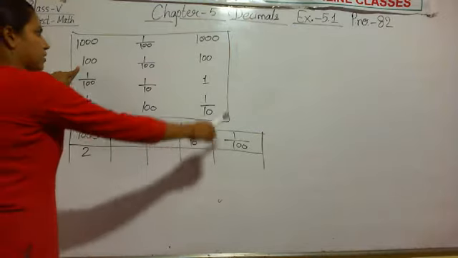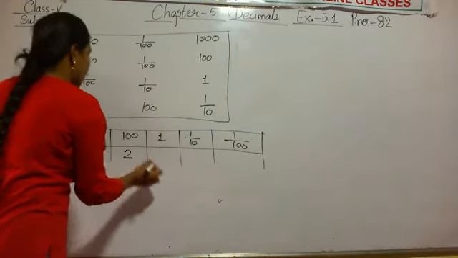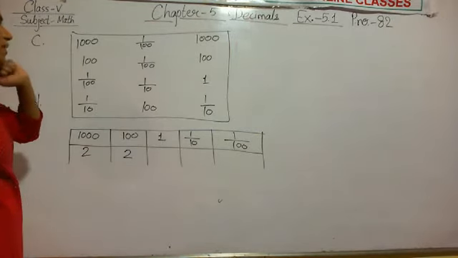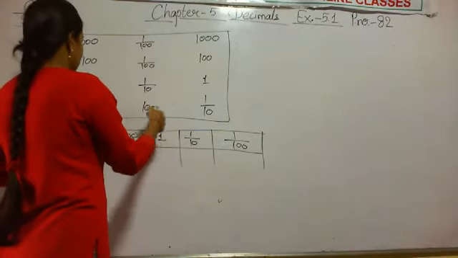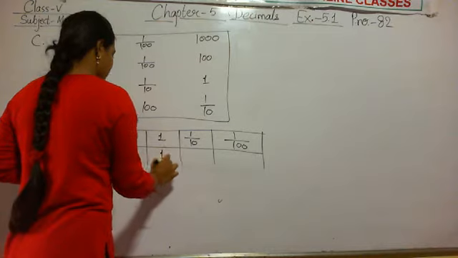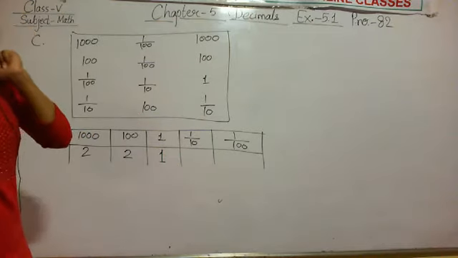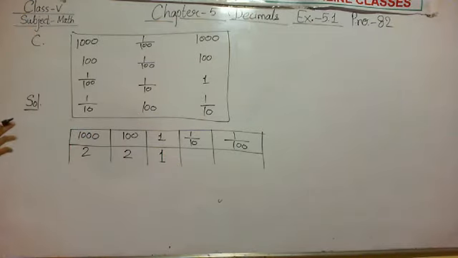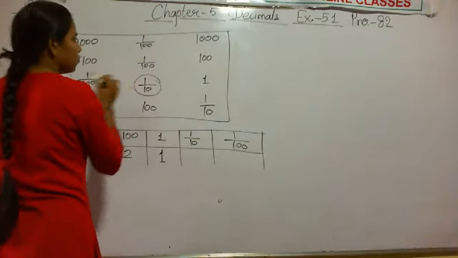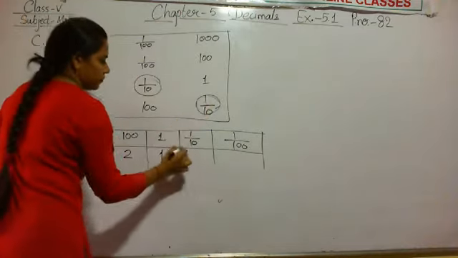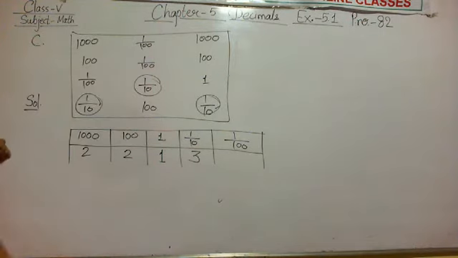Now count how many hundreds are given. So 1 and 2. 2 hundreds are given. Now count how many ones are given. Only one time. So write 1. Now count how many 1 upon 10 are given. So 1, 2, 3. 3 of 1 upon 10 are given.